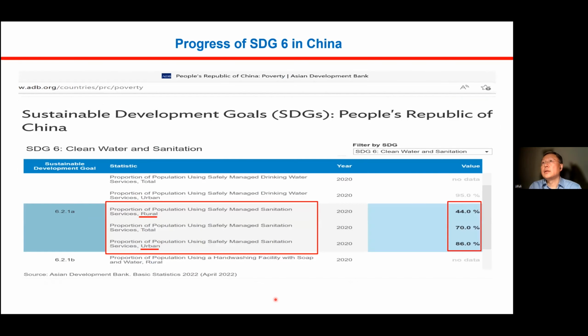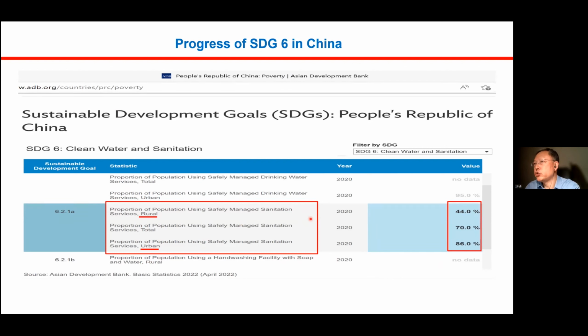And from the ADB, the Asian Development Bank, statistics collected in 2022 but actually showing 2020 data, safely managed sanitation service in rural China in 2020 was only 44%, and in urban areas 86%.